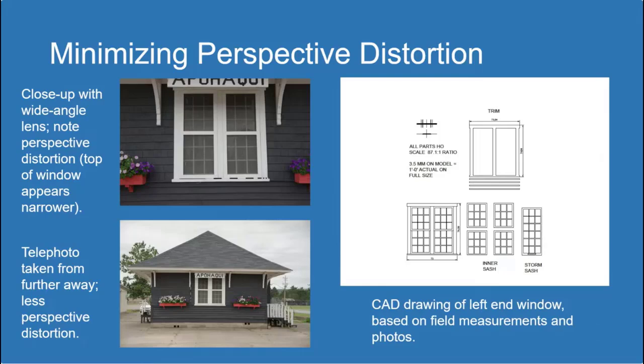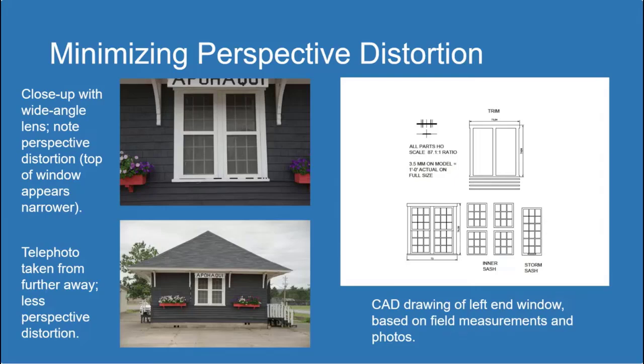You can really see this if you look at the top photo, and the roof brackets there are obviously extending out to the left and the right because we're so close with a wide angle lens. And in the bottom photo, you can see that the roof brackets are more nearly parallel and extending towards the camera. Now, they're not perfectly parallel, but they're much better.